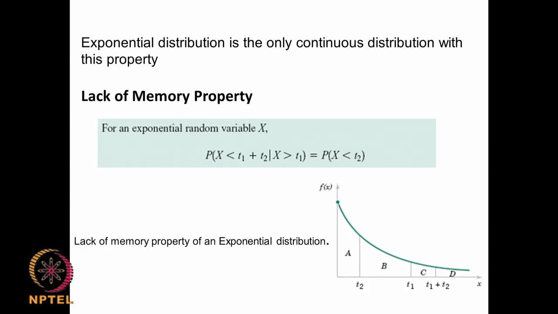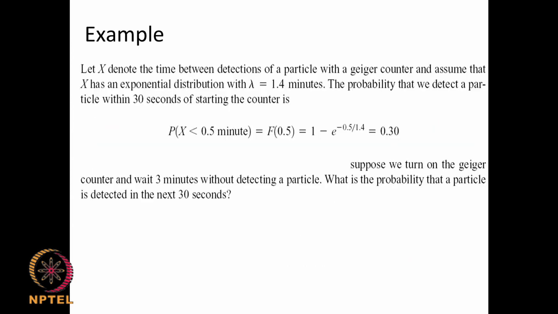So, it is simple. Now, it lacks memory. That is the most important property of the exponential distribution. Let us look at another problem. X denotes the time between detections of a particle with a Geiger counter, and we can assume that x is exponentially distributed with lambda equal to 1.5 minutes.